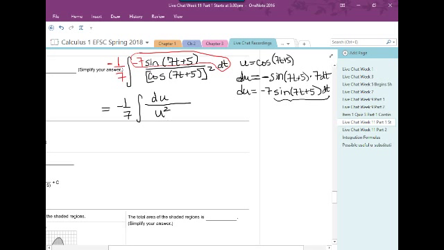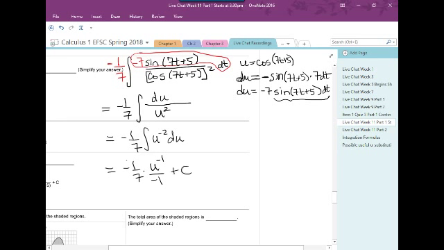Well, it will if we just bring the u to the top. So that's going to be negative 1/7 the integral of u to the negative 2 du. We can use our power rule, so we have negative 1/7. Add 1 to the exponent and divide by it, so it's going to be u to the negative 1 over negative 1. And then we have plus c.